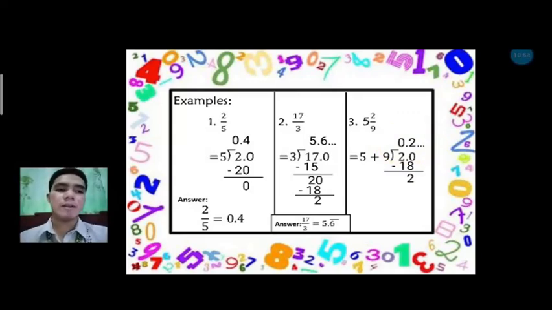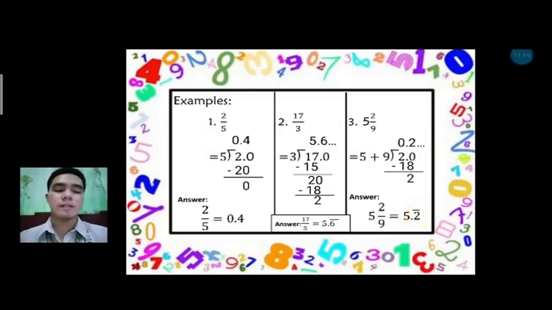So our value in decimal form of 5 and 2 over 9 is 5 plus 0.2222, that is 5.2 with vinculum.